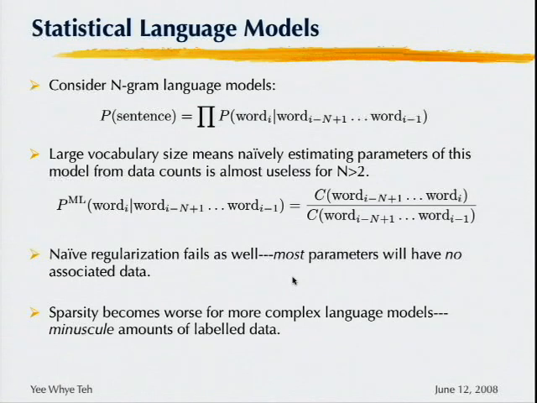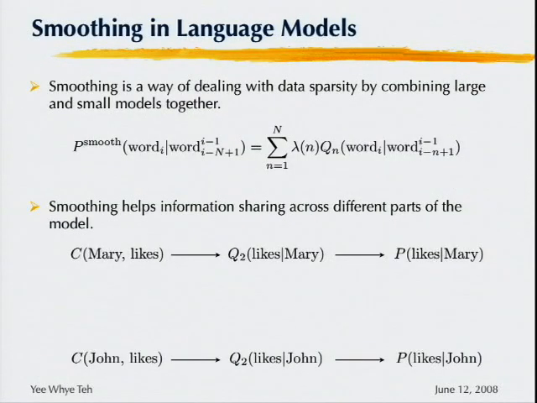And there's a really rich literature on the problem of smoothing, which is a way of dealing with this sparsity of data associated with language models. And the basic idea of smoothing is that you want to interpolate, or average, between larger and smaller models, so that the larger models give you the expressiveness, and you can back off to the smaller models when you do not have enough data to estimate your large models well.